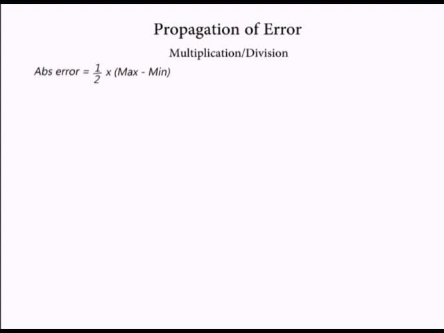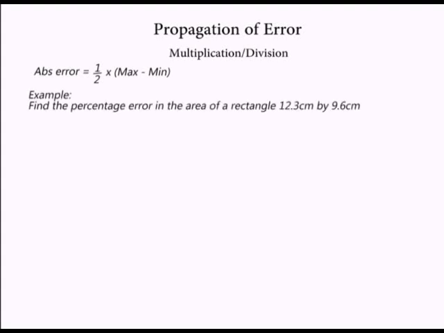For example, find the percentage error in the area of a rectangle measuring 12.3 centimeters by 9.6 centimeters. Absolute error in both is 0.05 centimeters because both have one decimal place. The limits are 12.3 plus or minus 0.05 and 9.6 plus or minus 0.05.